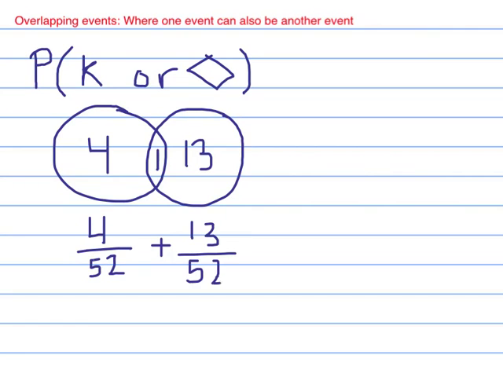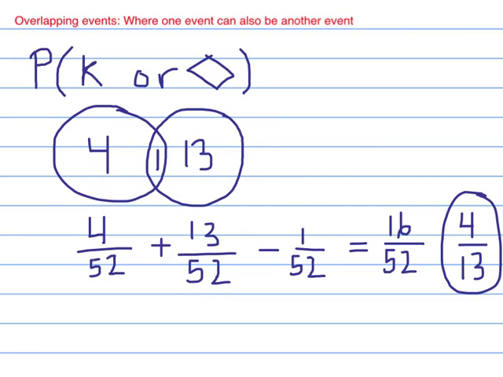So I have to subtract out the king of diamonds, because I've added it twice and it only happens once. And we get that to be 16/52. Divide both of those by 4 and you get 4/13 is our probability of drawing a king or a diamond.